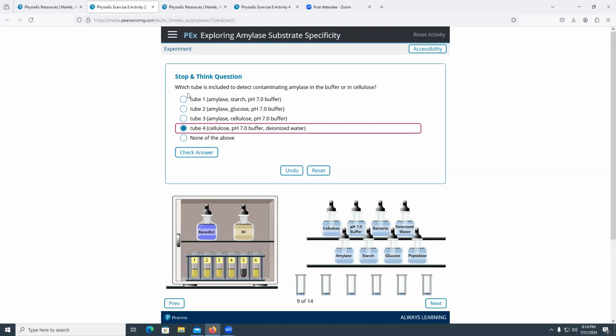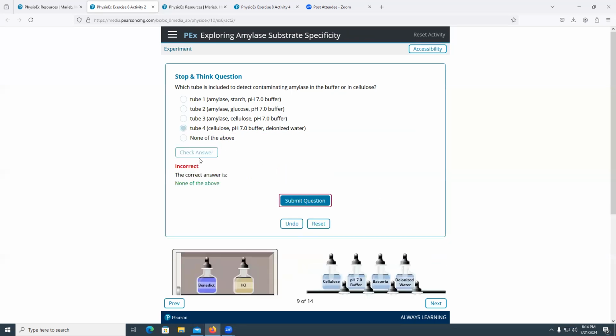Which tube is included to detect contaminating amylase in the buffer or in cellulose? So this one tells me that there is no amylase, so none of the above.